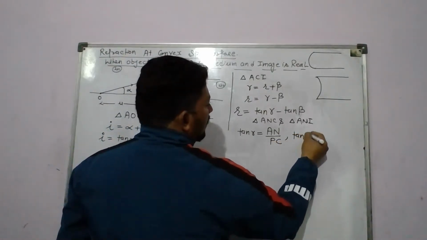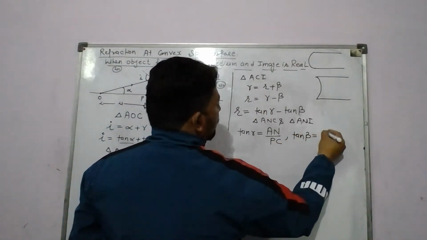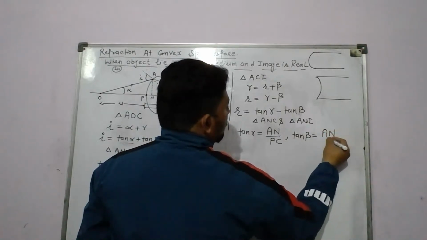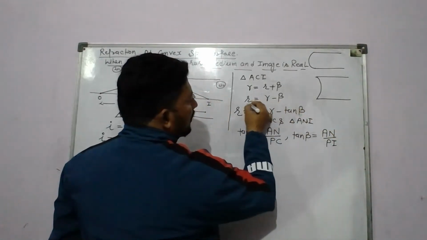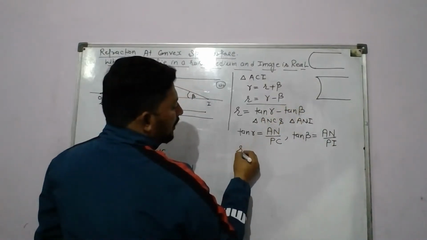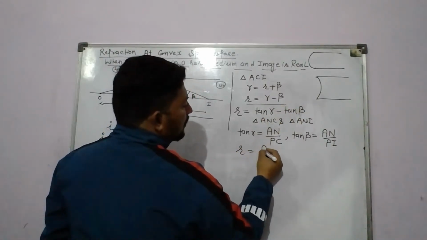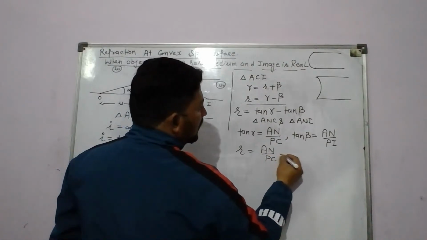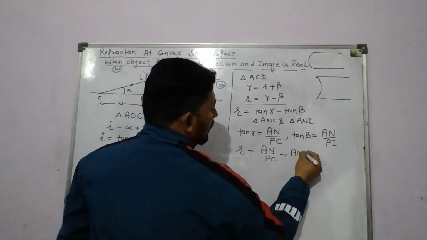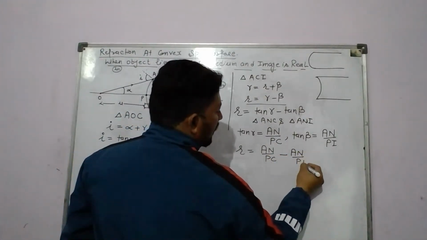Tan beta is equal to AN upon PI, writing PI in place of N. Again, put the values in this equation: R is equal to AN upon PC minus AN upon PI.